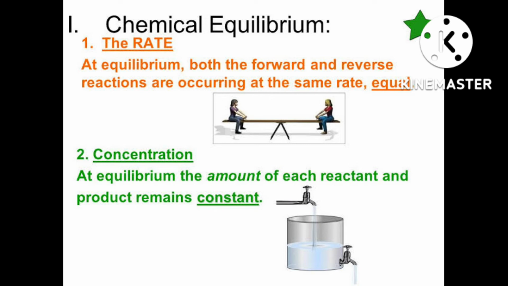Okay, now I am telling about the extent to which the reaction proceeds to reach the state of chemical equilibrium. Extent I am talking about, the extent to which the reactions proceed to reach the state of chemical equilibrium.